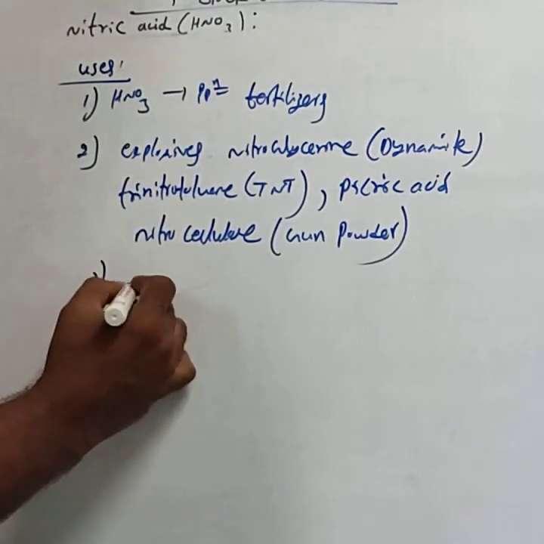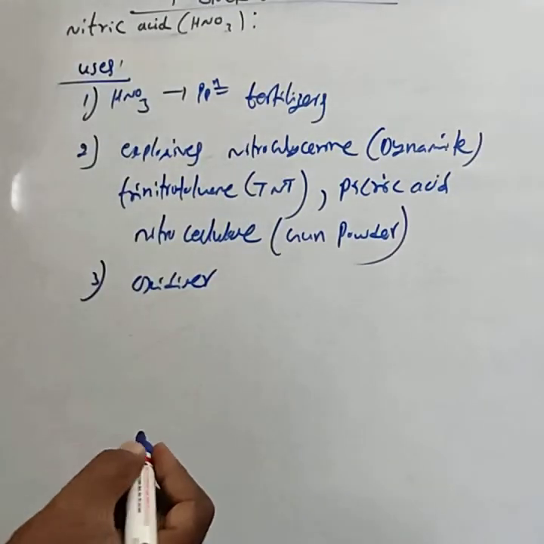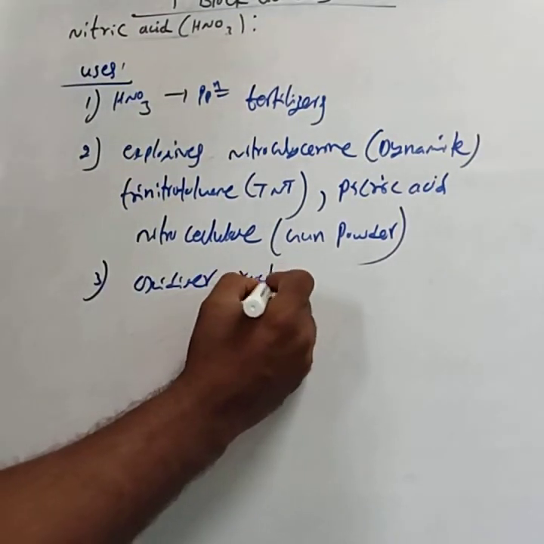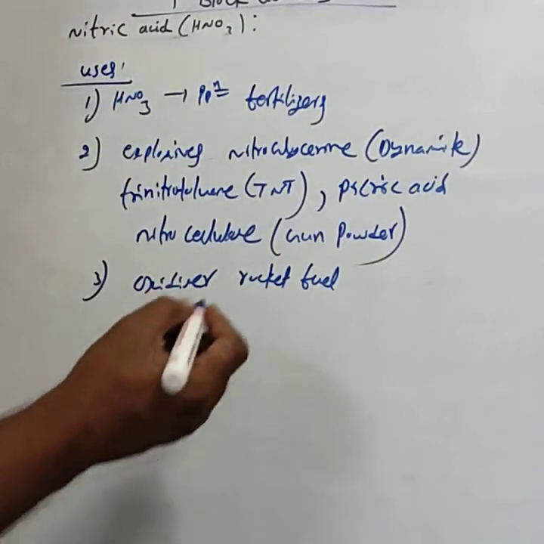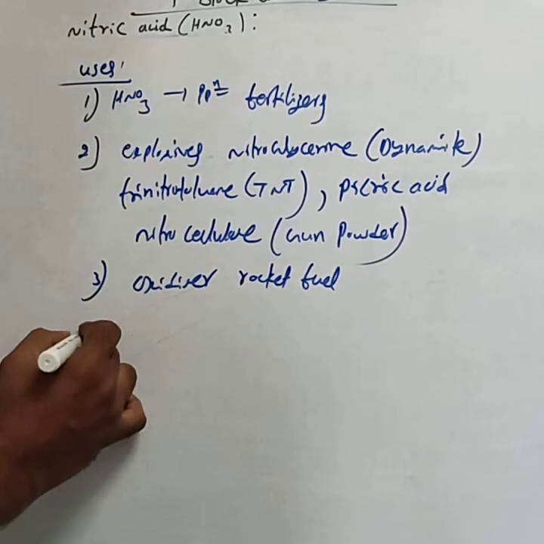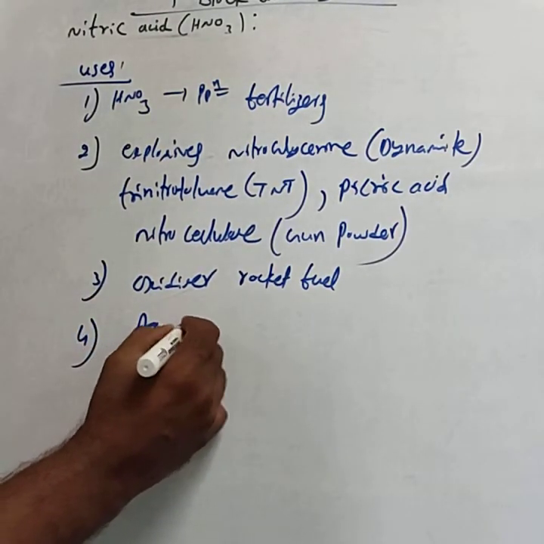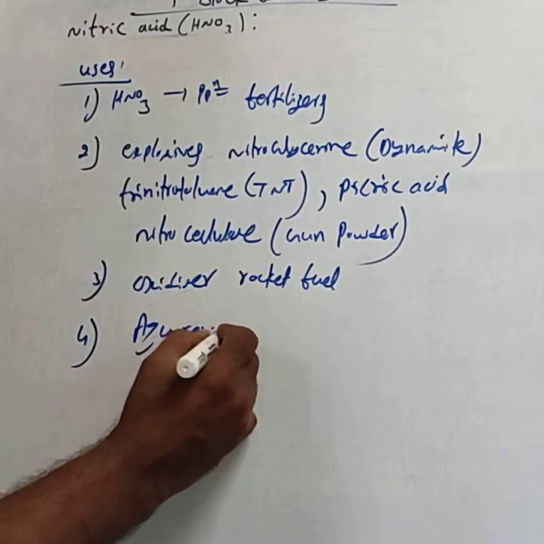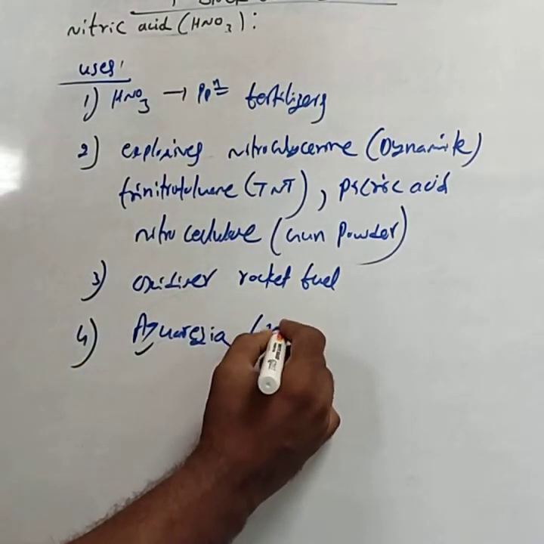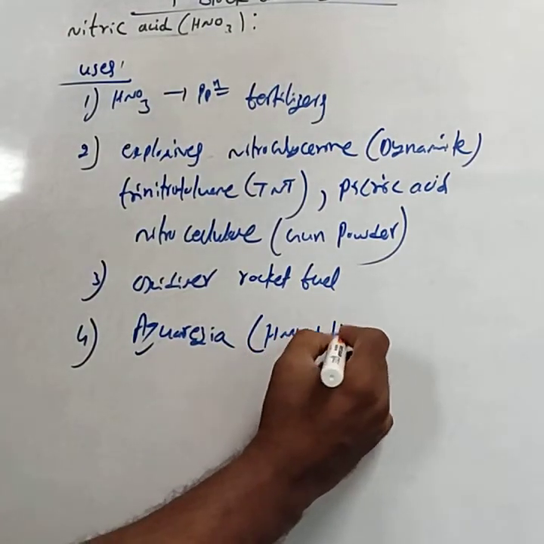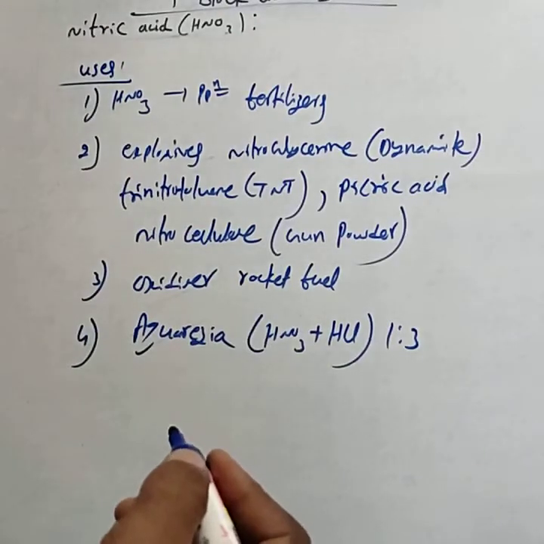Then it is used as an oxidizer in rocket fuel. Then it is used in the preparation of aqua regia, that is a mixture of concentrated HNO3 and concentrated HCl in the ratio 1:3.